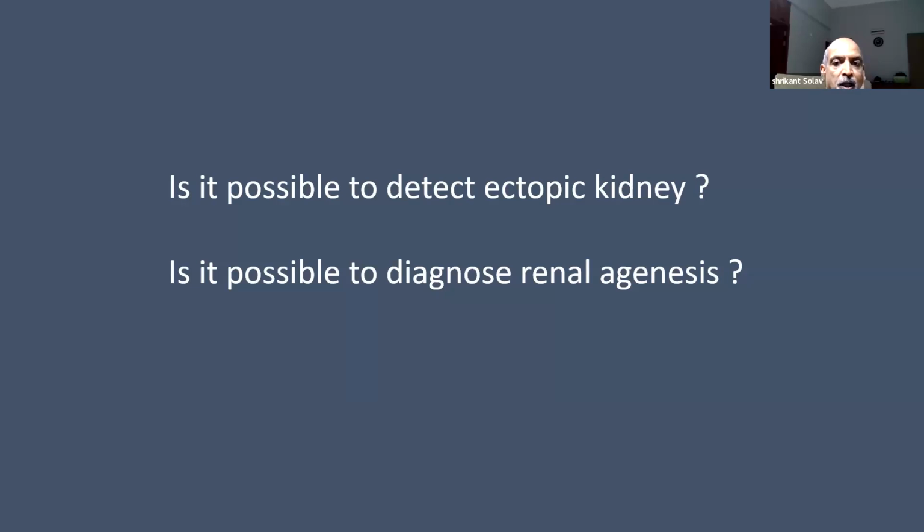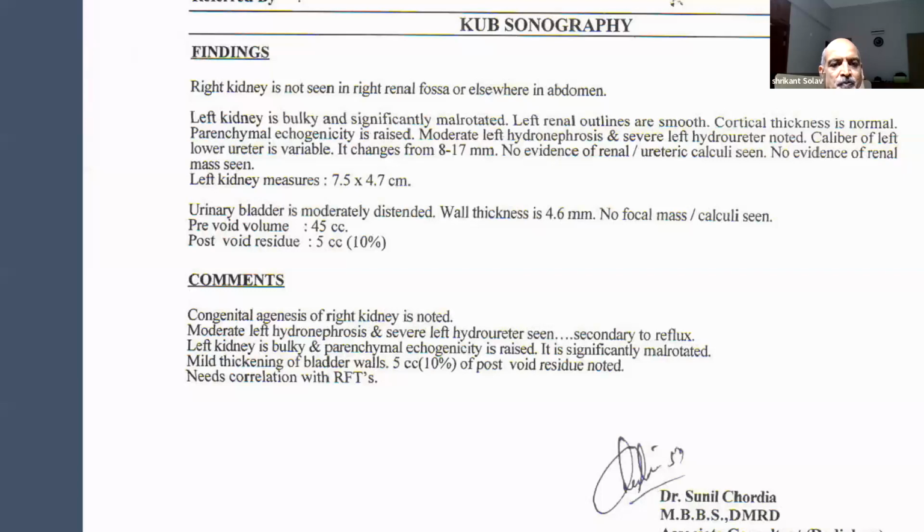However, if the kidney is dysfunctional or non-functional, there is no way by which we can say if the kidney is absent or it's non-functional.